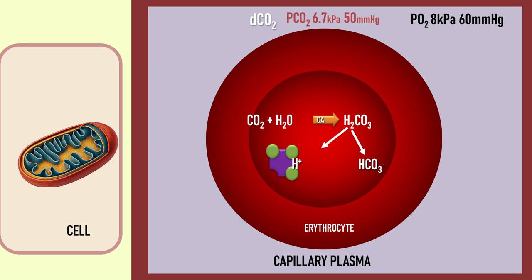Hydrogen ions bind to the histidine residues on hemoglobin, changing the configuration and nudging hemoglobin into the tense state. This shifts the oxyhemoglobin dissociation curve to the right and releases oxygen. This is known as the Bohr Effect.